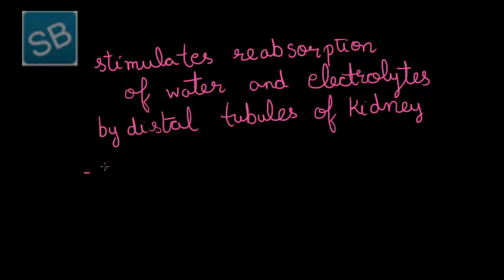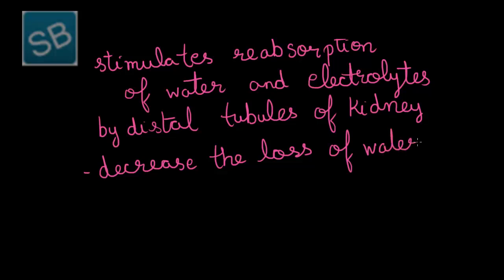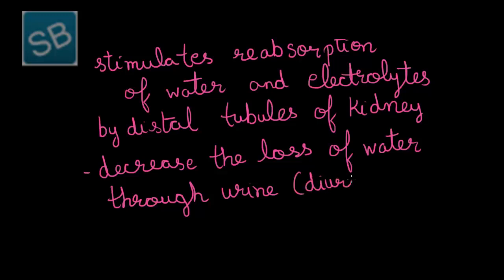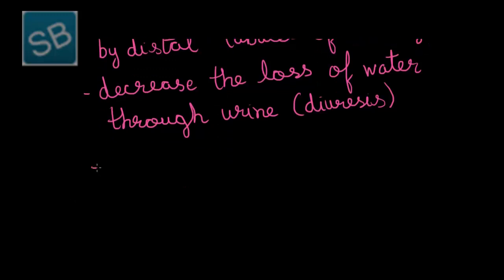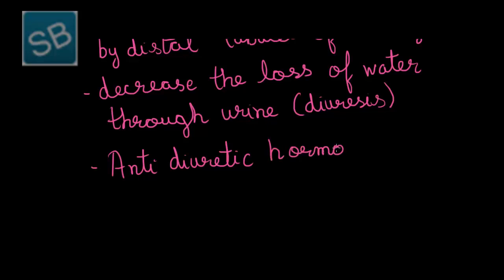Therefore, it decreases the loss of water through urine, which is also known as diuresis. And therefore, due to its function, vasopressin is also known as antidiuretic hormone, that is ADH.